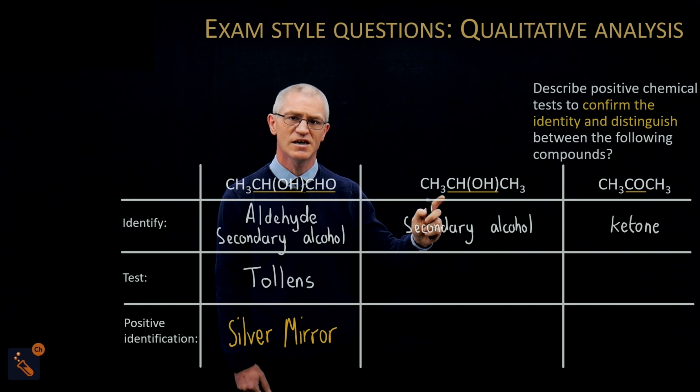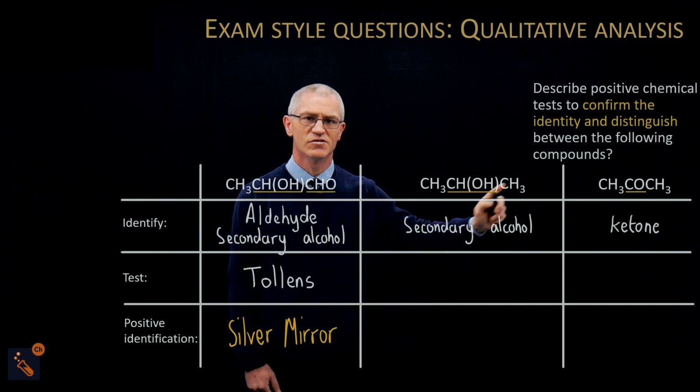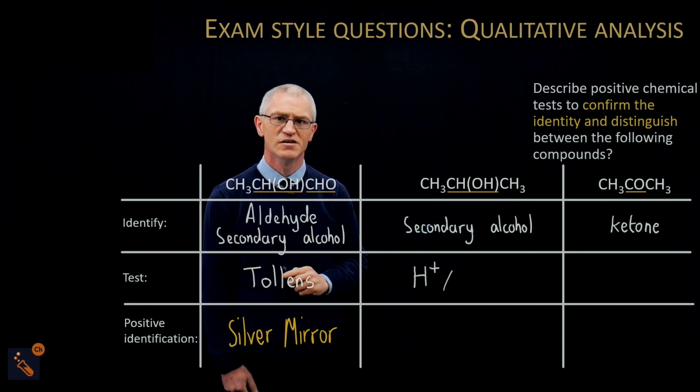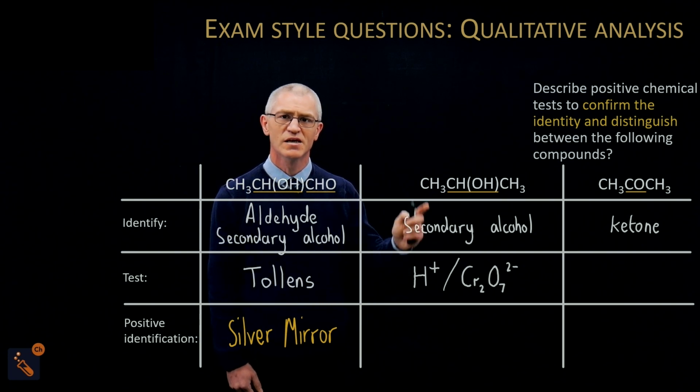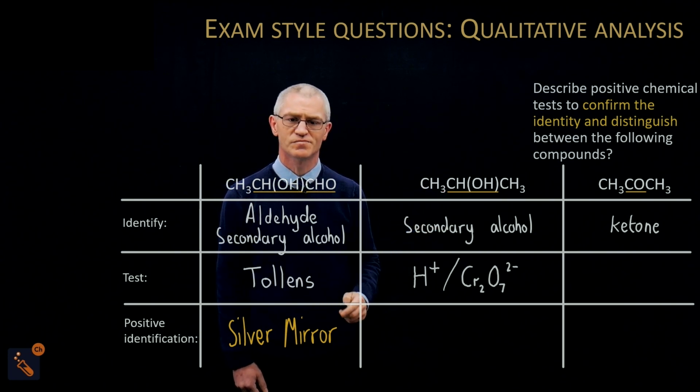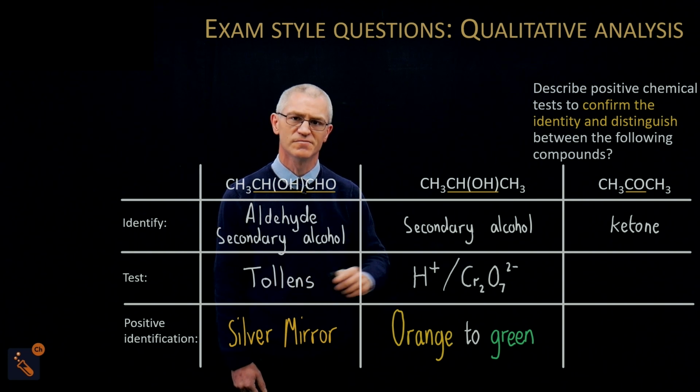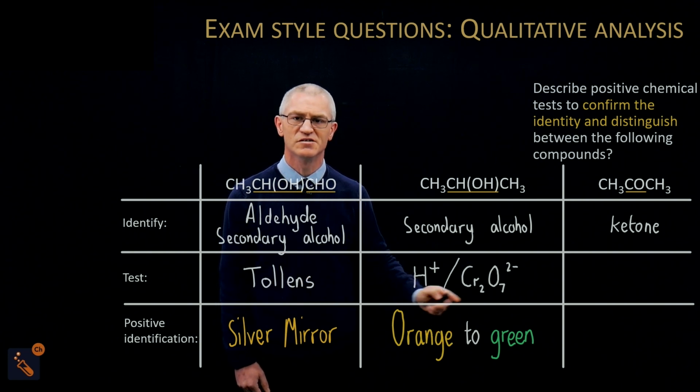I want to differentiate now this alcohol from this ketone. So if I put in H+ Cr2O7 2-, the oxidizing agent, that is acidified potassium dichromate, this will turn into a ketone. Now think, what is the colour change there? Well, the colour change is to take it from orange to green. So I've got a positive colour change, and so I know.